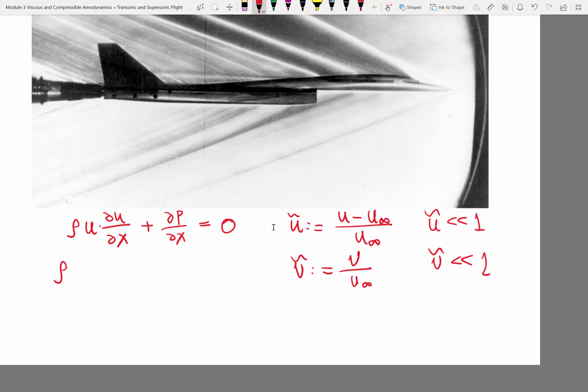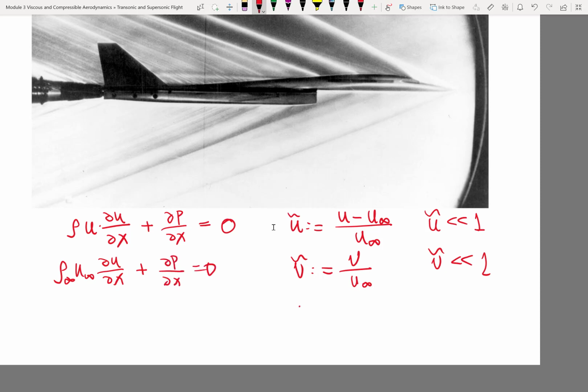The second term multiplied with this, because du dx by itself, because u infinity is a constant, so that by itself is a small number, right? So this multiplied with other small numbers is going to be negligible. So basically what you get is rho infinity u infinity times du dx plus dp dx is equal to 0.